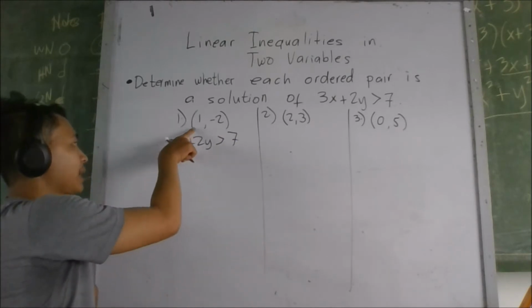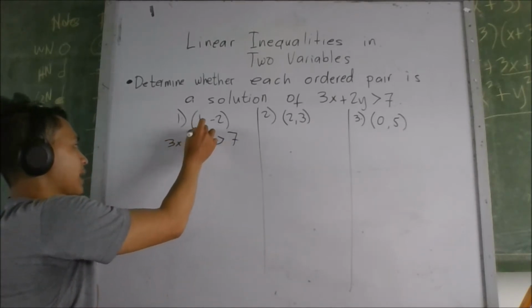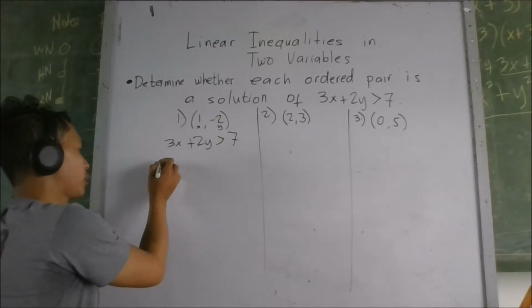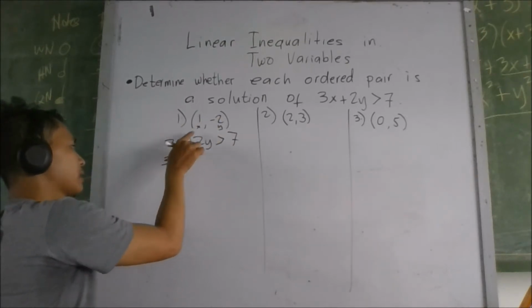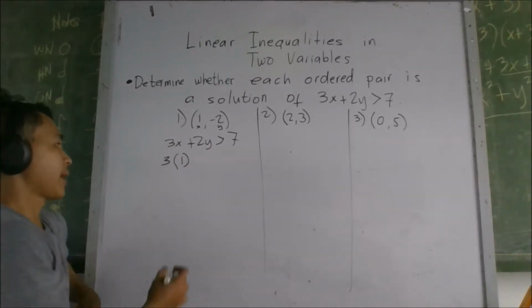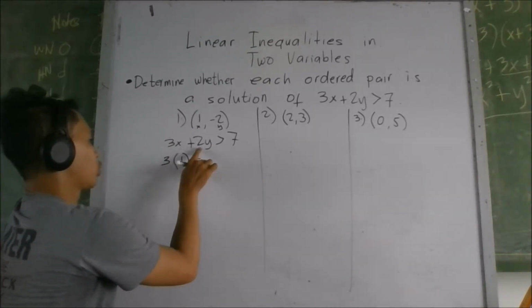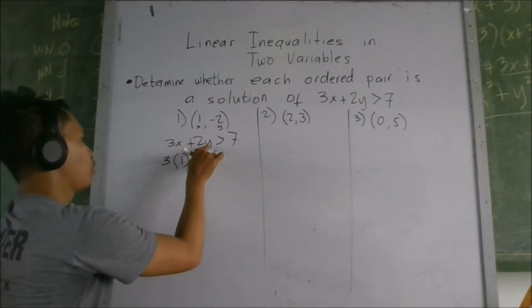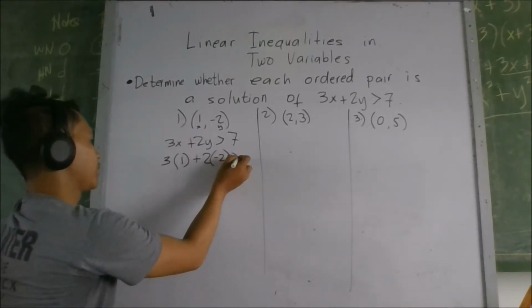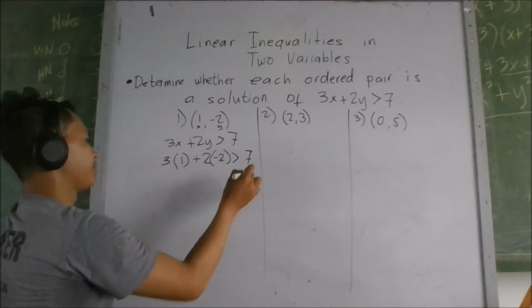Makikita natin sa ordered pair, this one is x, this one is y. Substitute ang x, substitute ang y. So that would be 3 times 1, since x is 1, plus 2 times y, which is negative 2, greater than 7.